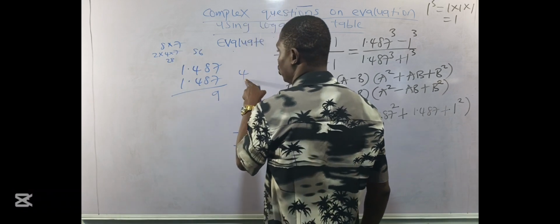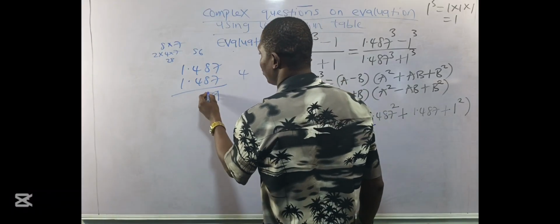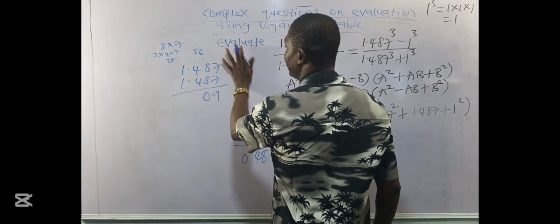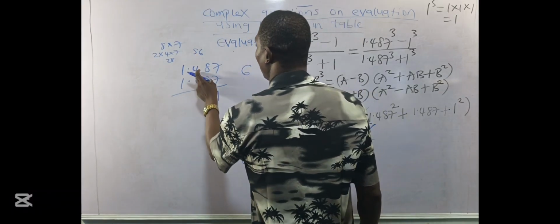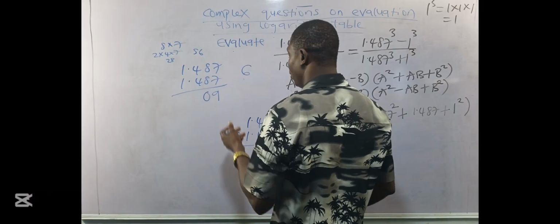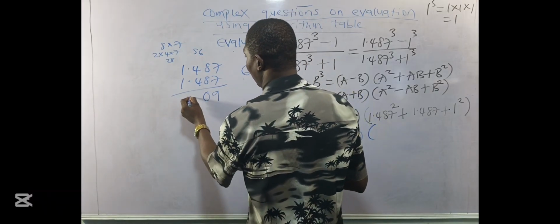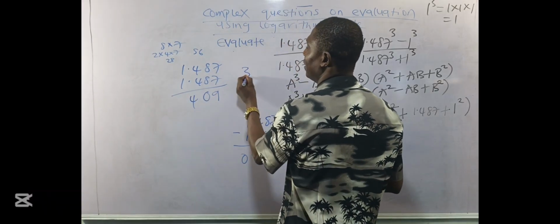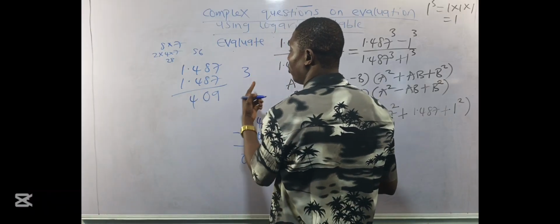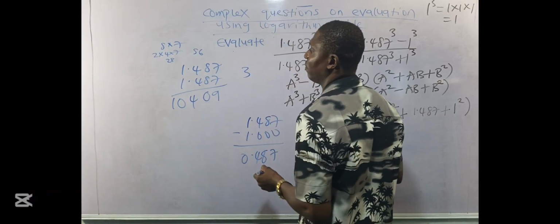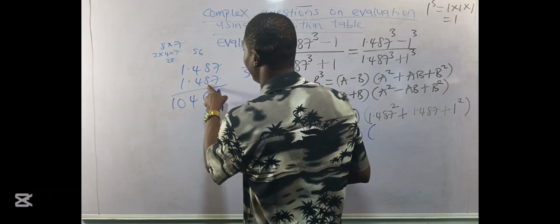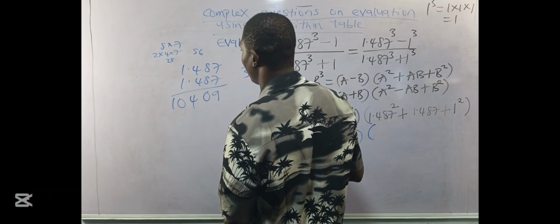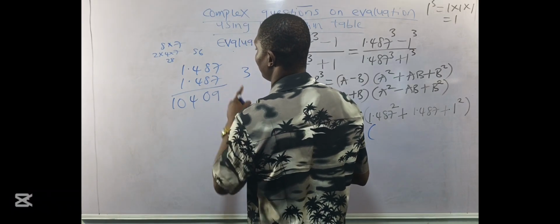So I have 56 plus 4 to give me 60. So I have 0, carry 6. And 4 times 7 is 28. 28 plus 6, 34. 4 carry 3. And 7 times 1, 7, plus 3, 10. Now, 8 times 7 is what?